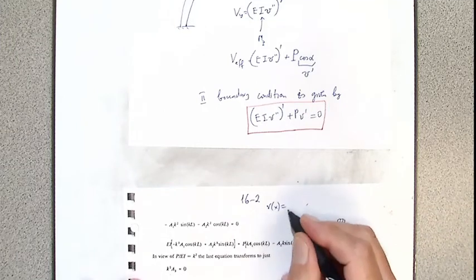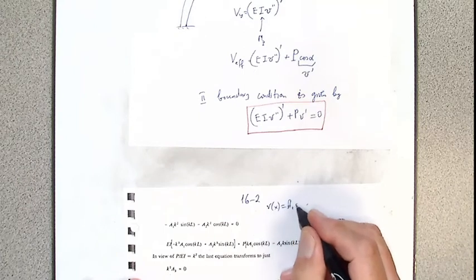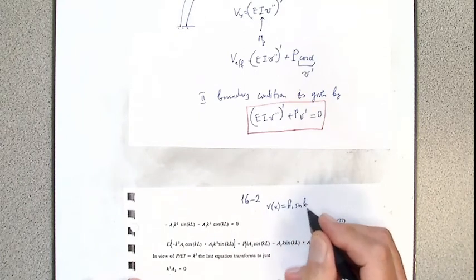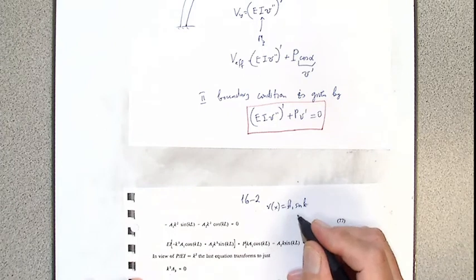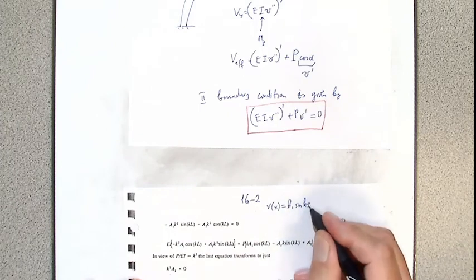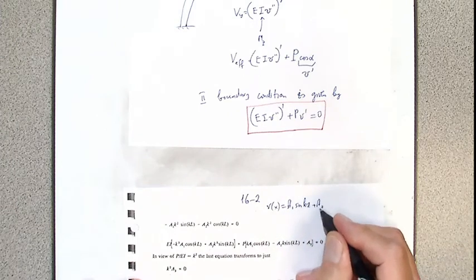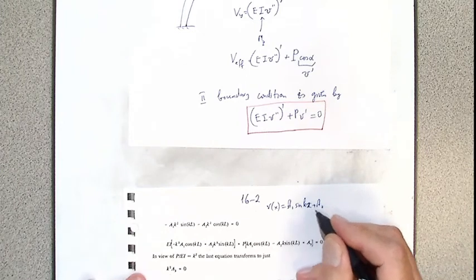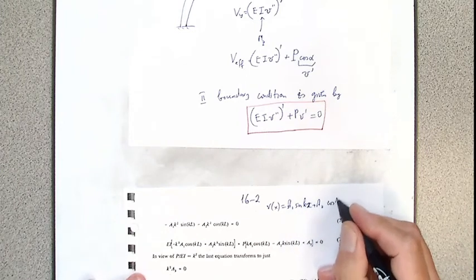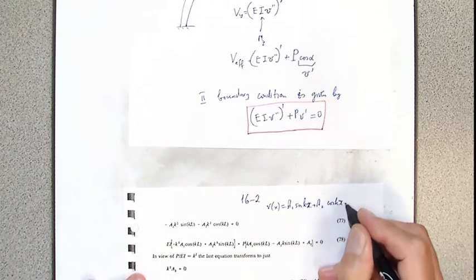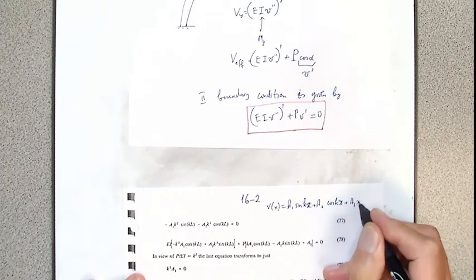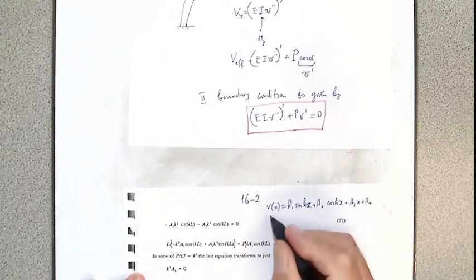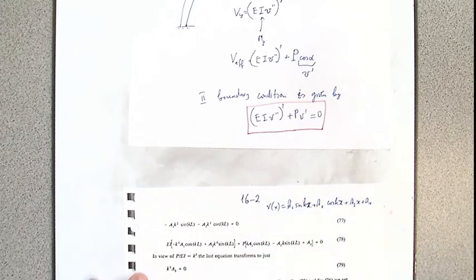Yes, so that is A1 sine kx plus A2 cosine kx plus A3x plus A4. And that is page 15.5.